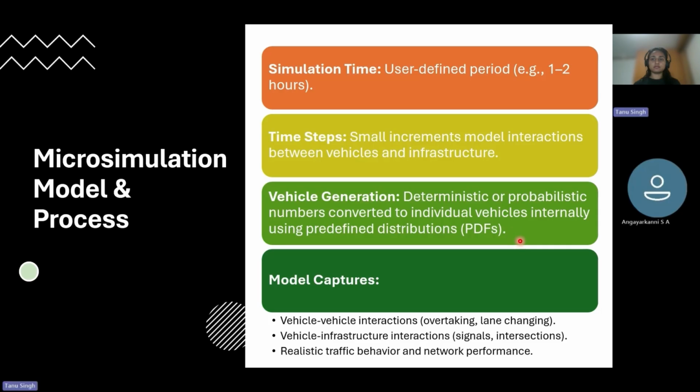The microsimulation model also captures all the interactions, vehicle to vehicle, whether the vehicle is merging or lane changing, or vehicle to infrastructure, whether it is stopping at a signal or moving through an intersection. This is what makes it so powerful for evaluating realistic traffic behavior and network performance.